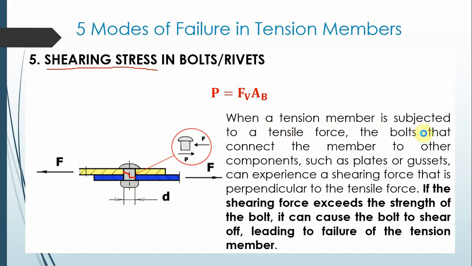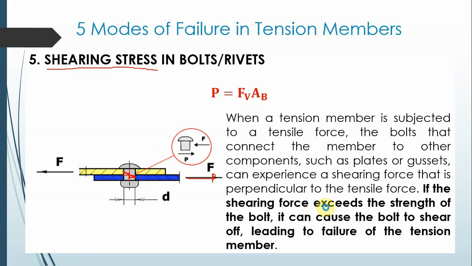When a tension member is subjected to a tensile force, the bolts that connect the member to other components, such as plates or gussets, can experience a shearing force that is perpendicular to the tensile force. If this is the force applied, the shearing force will be perpendicular.